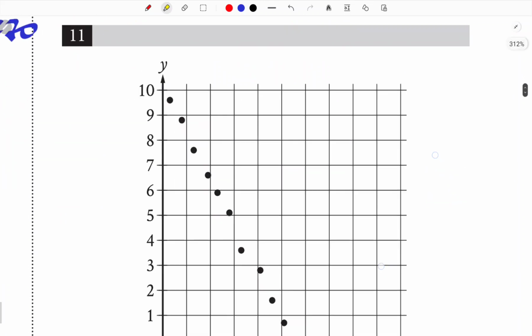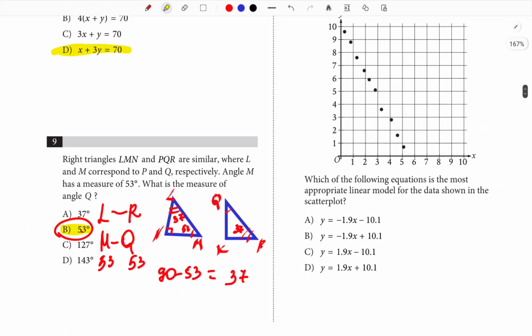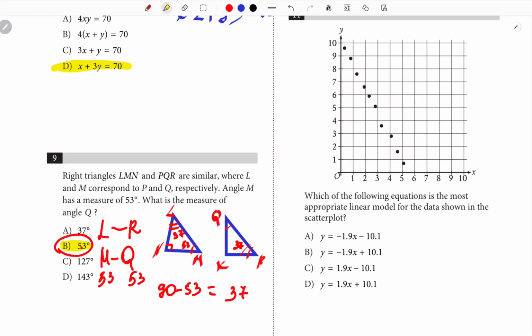Question 11. Which of the equations is the most appropriate linear model for the data shown in the scatter plot? Look at this graph and my equations.